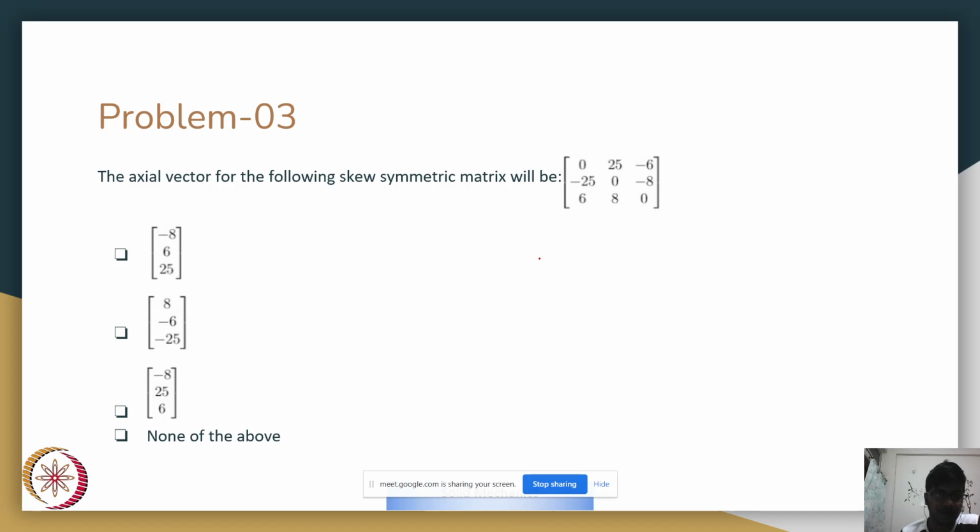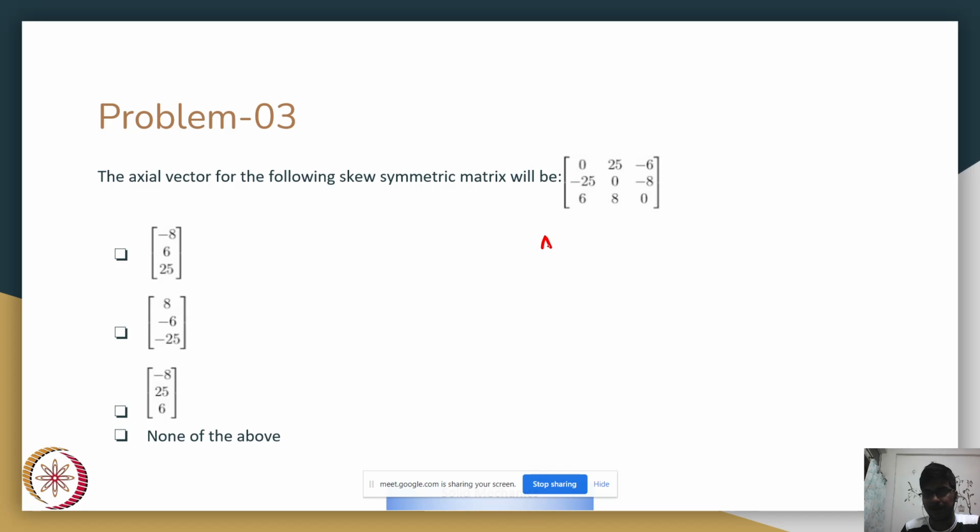The third question asks to find the axial vector for the given skew symmetric matrix. So this is a skew symmetric matrix. What is the definition of a skew symmetric matrix? A transpose equals minus A. Exactly.